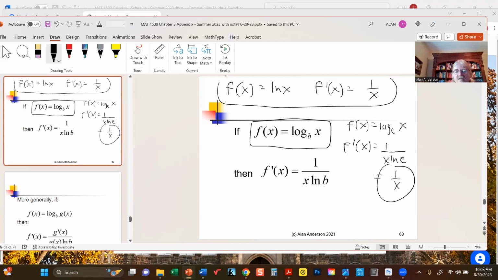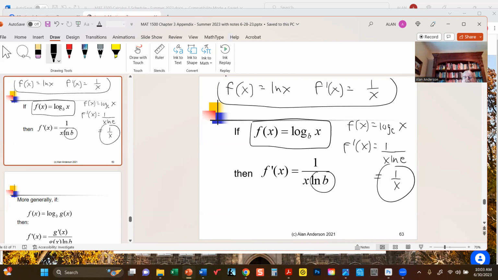So the one on the top is a special case of this rule that we're seeing now. Just be aware that when it's natural log, yes, the derivative is 1 over x, but this is just a special case of the general rule for the derivative of a logarithm. We just don't have to bother here because it just goes to 1.